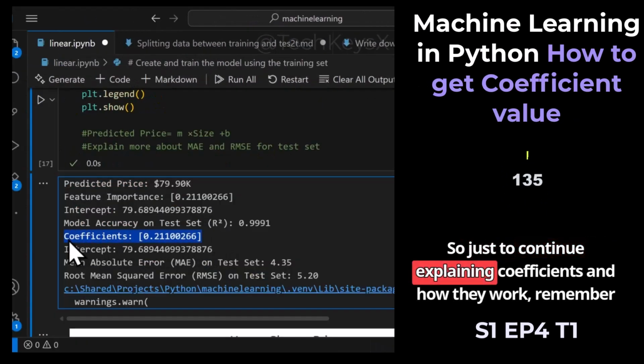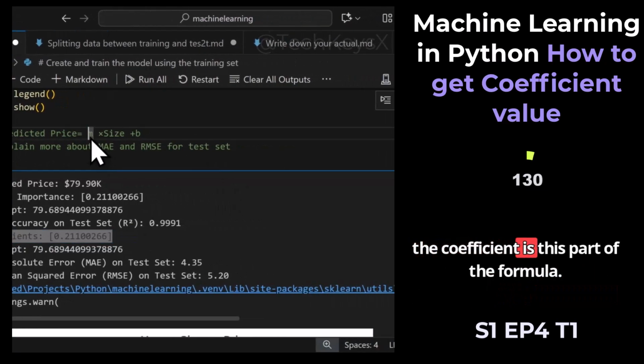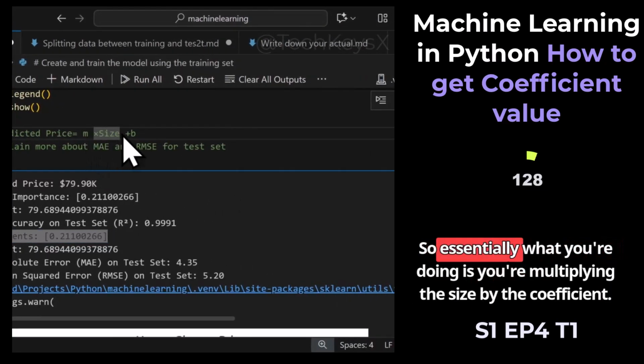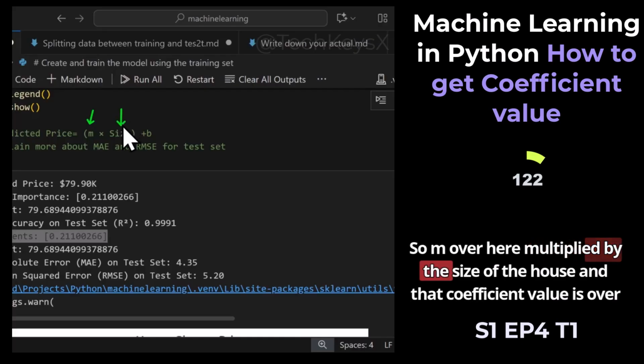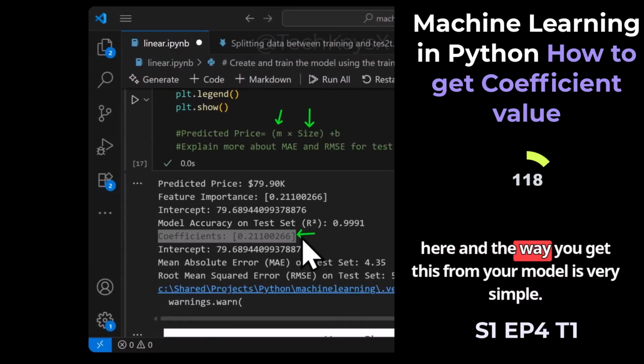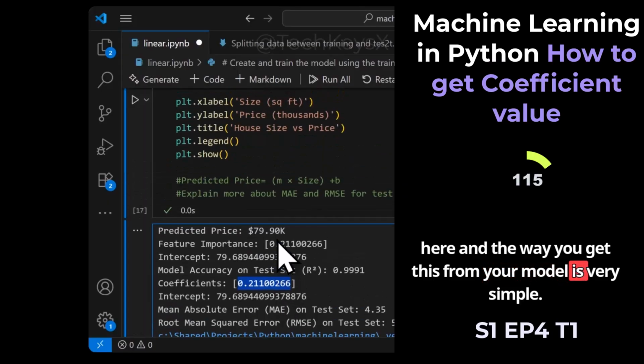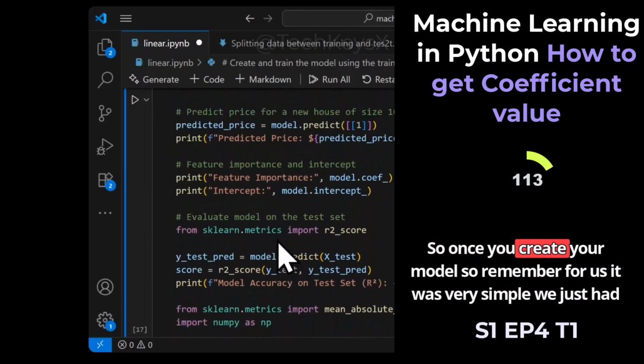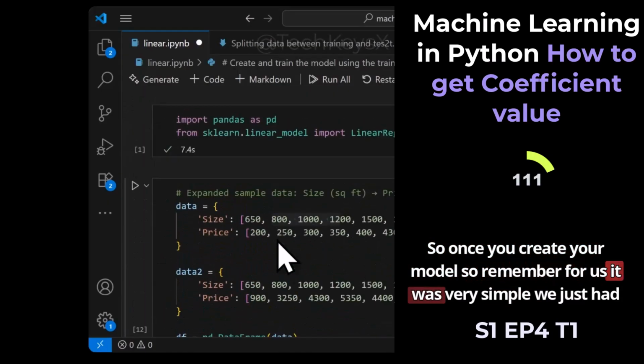So just to continue explaining coefficients and how they work, remember the coefficient is this part of the formula. Essentially what you're doing is multiplying the size by the coefficient. So M over here is multiplied by the size of the house, and that coefficient value is over here. And the way you get this from your model is very simple. Once you create your model, remember, for us it was very simple.